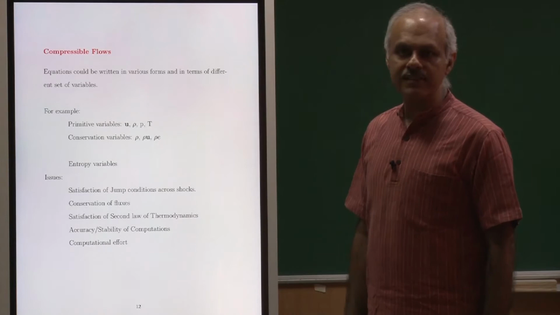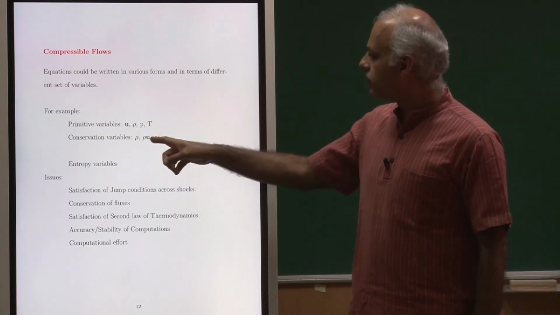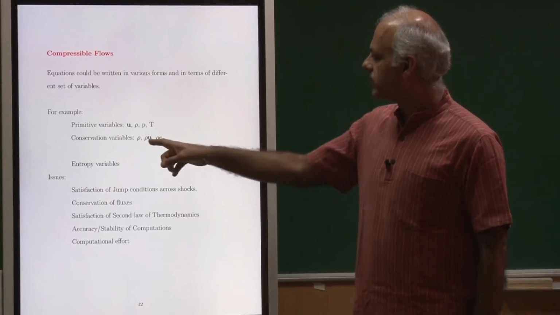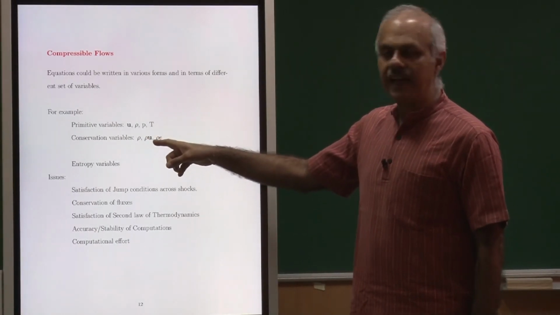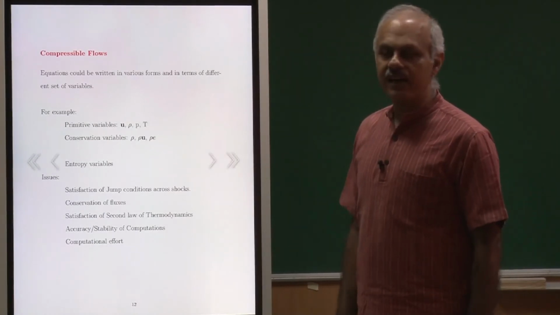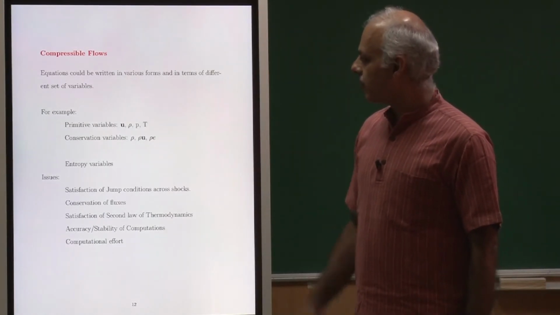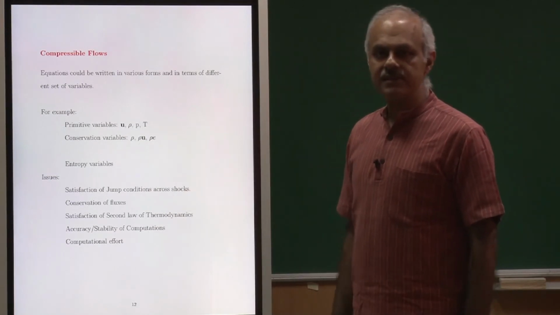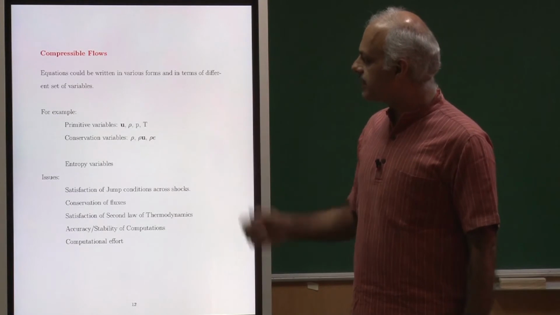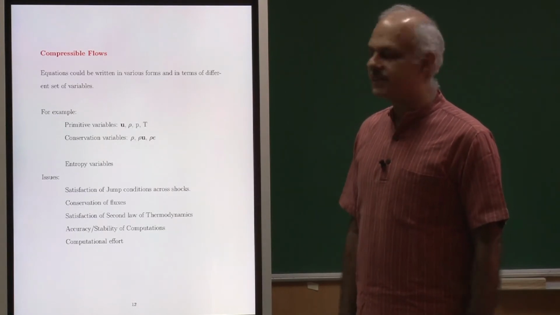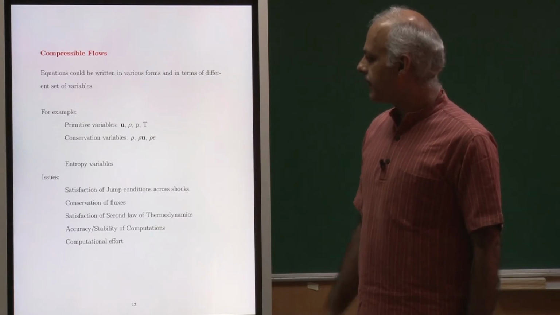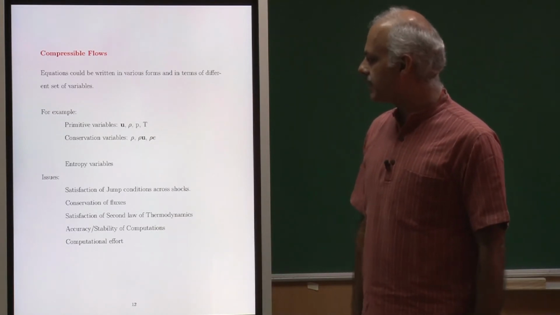Or we could use the conservation variables, which are density, density times the velocity, that is the momentum, and the density times the total energy. Or one could use entropy variables, and several other possibilities exist. You can choose these variables on your convenience and liking, but the issues remain fairly similar.